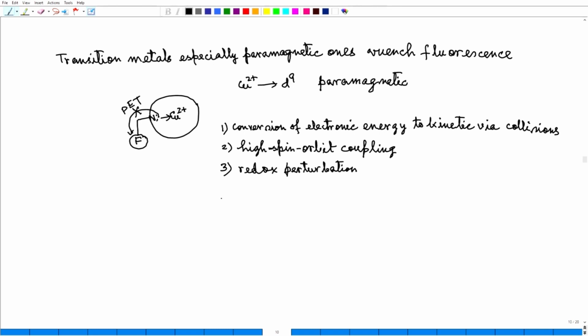And then number 4, perturbation by paramagnetic metal ions, paramagnetic meaning an unpaired electron.